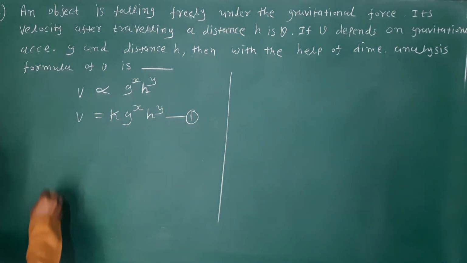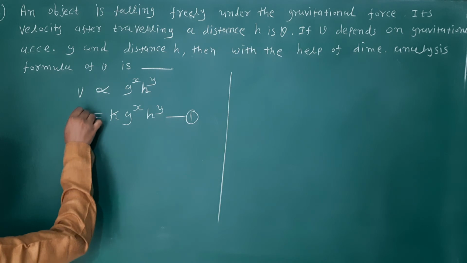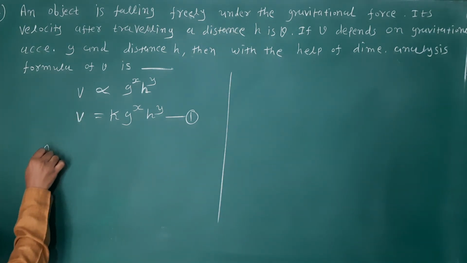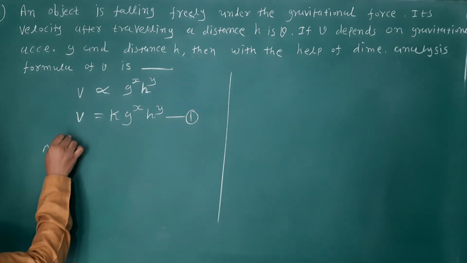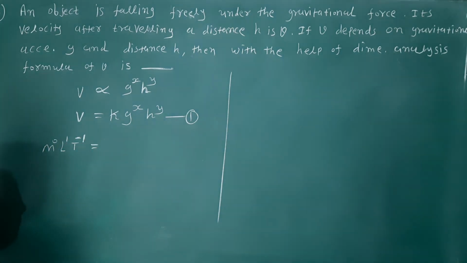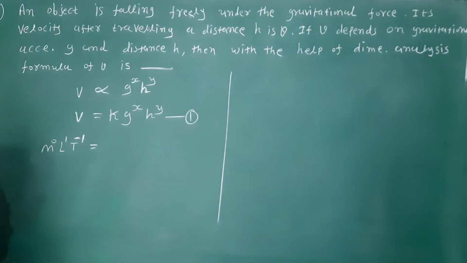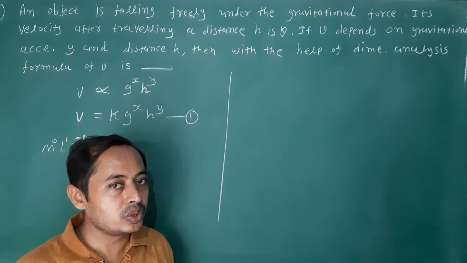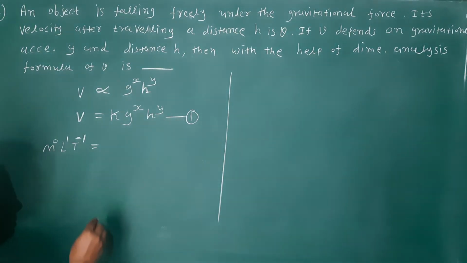So friends, first of all we can write the dimension formula of velocity. Its dimension formula is M0 L1 T raised to minus 1. Here k is a constant and its dimension formula is M0 L0 T0, so we cannot write it.